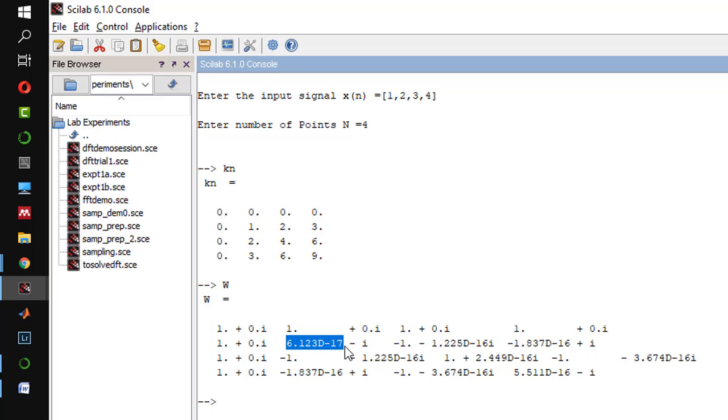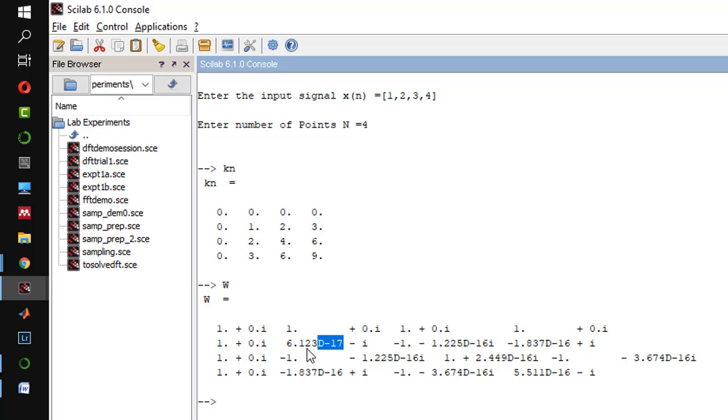Don't get confused with this. What do you mean by this? I have 6.123 e minus 17. How do we read this? This is nothing but 0.000 up to 17 zeros, and after 17 zeros it is 6123.